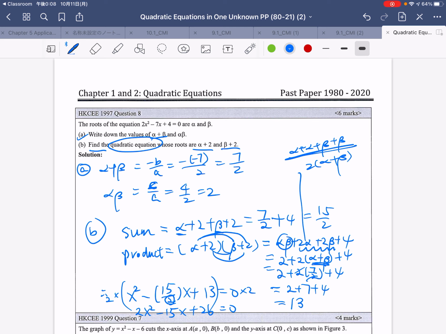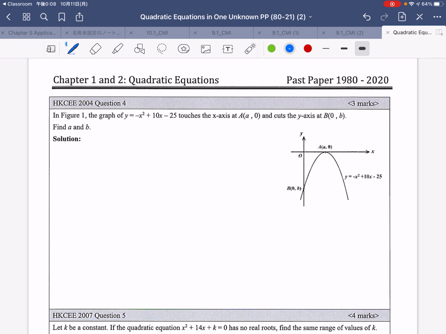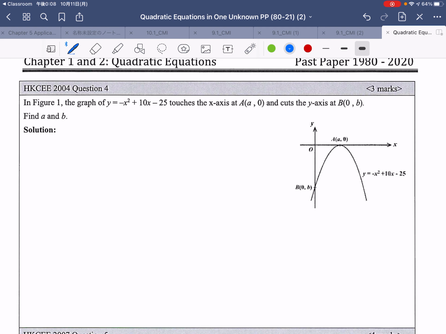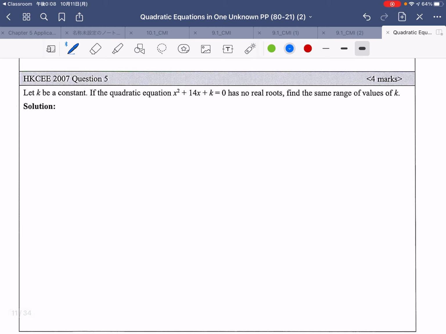Okay, so let's move to page 11. This one, 2007. You have x squared plus 14x plus k, which has no real roots. For no real roots, that means delta is less than 0.